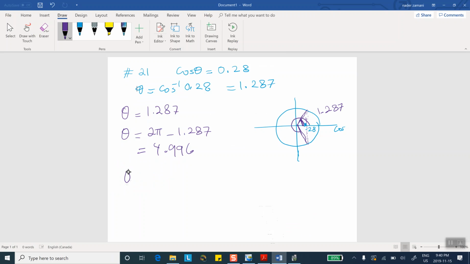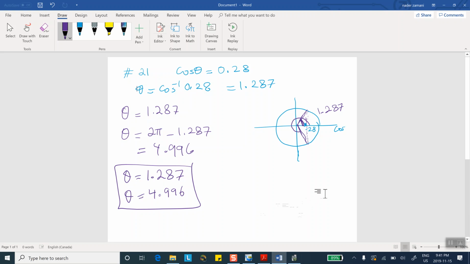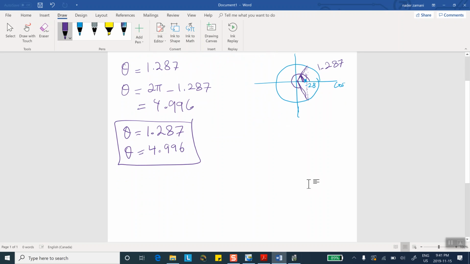Okay, so here's what happened. We found our two angles, 1.287 and theta equal to 4.996. Now remember, the first four problems that I did for you were like pi over 3 and 5 pi over 3 or something like that, okay? But not here. So all solutions are going to be taking these: theta equal to 1.287 plus 2 pi k.